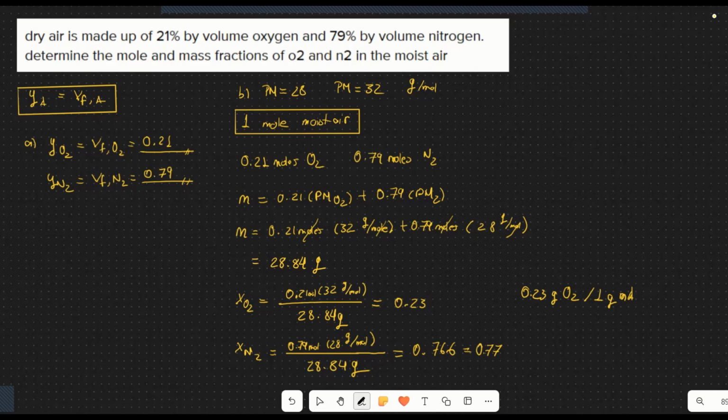So the nitrogen is equivalent to this, which pretty much is the same fraction that we calculated previously over here. And that would be it. That's the mass fraction and the molar fractions for nitrogen and oxygen in moist air, given their volume fractions.